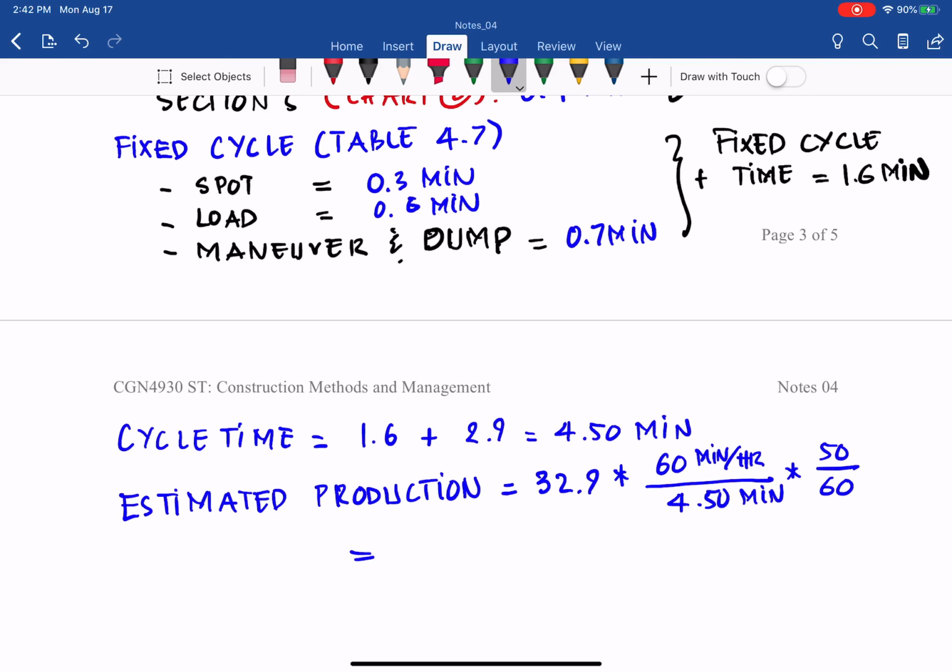So from that, production equals 366 LCY per hour, and that's the answer for the production of scrapers in this scenario.